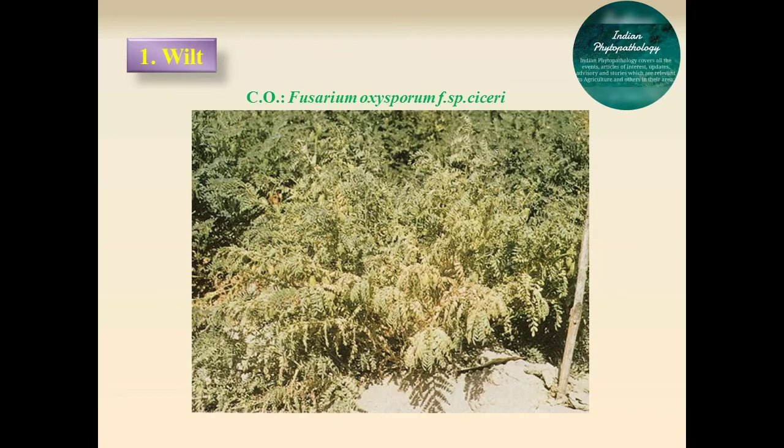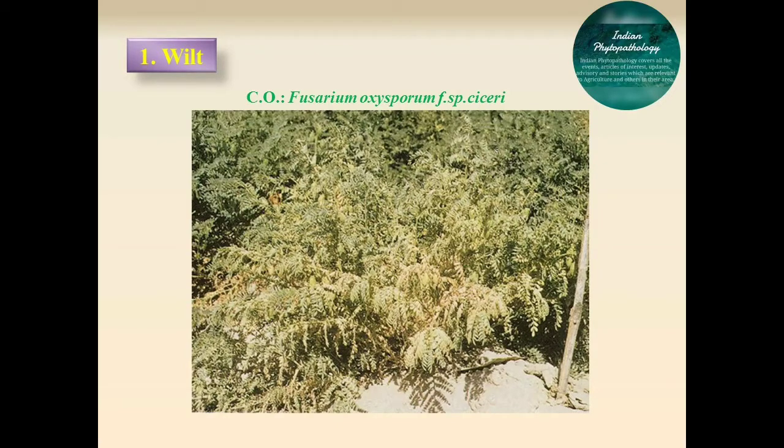At adult stage, drooping of petioles, rachis and leaflets occurs, and finally entire plants will die due to the infection of this Fusarium oxysporum. This is all about symptomatology of this Fusarium wilt.